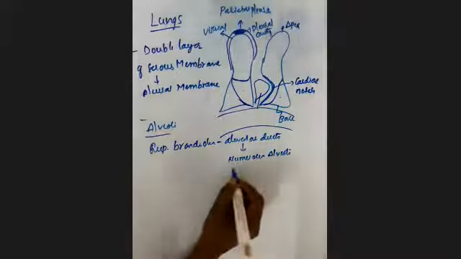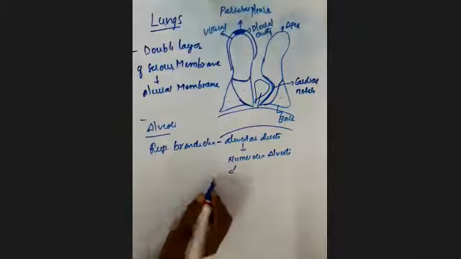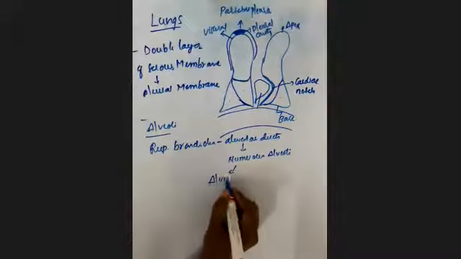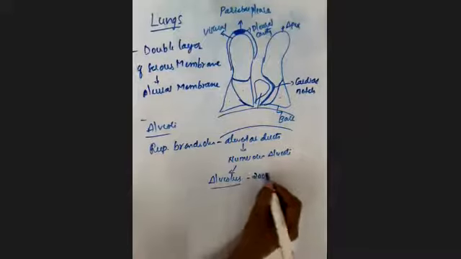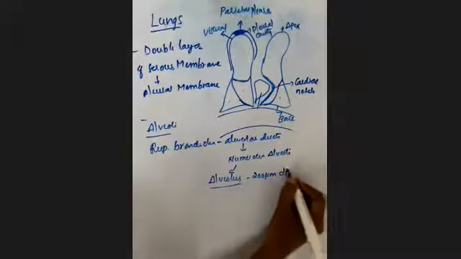If you take one, you call it an alveolus. This alveolus, which is singular, is one of the many sacs attached to the alveolar ducts, and it is approximately 200 micrometers in diameter.